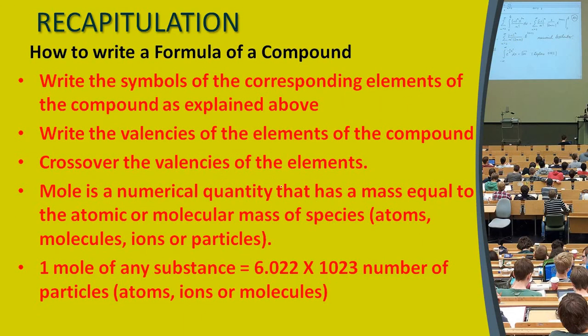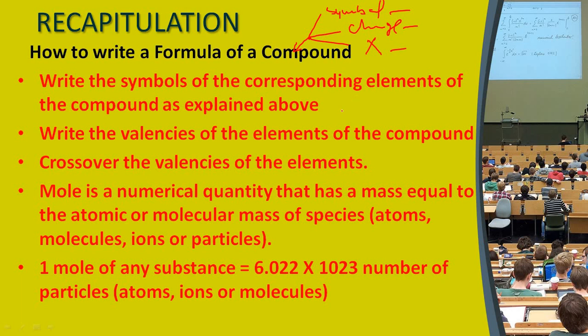So today we have discussed how to write the chemical formula. I already told you, just quick revision, you have to know symbol, charge, and lastly crisscross. If you know these three things, you can easily find out the formula of any compound. Then we saw molecular mass, the mass of all the atoms present in any molecule, is called molecular mass.